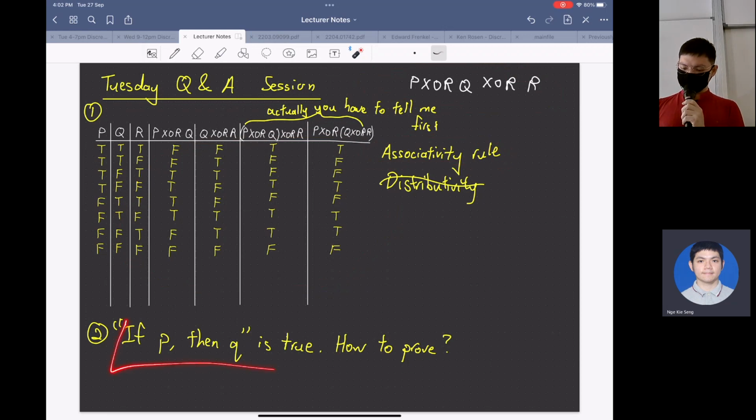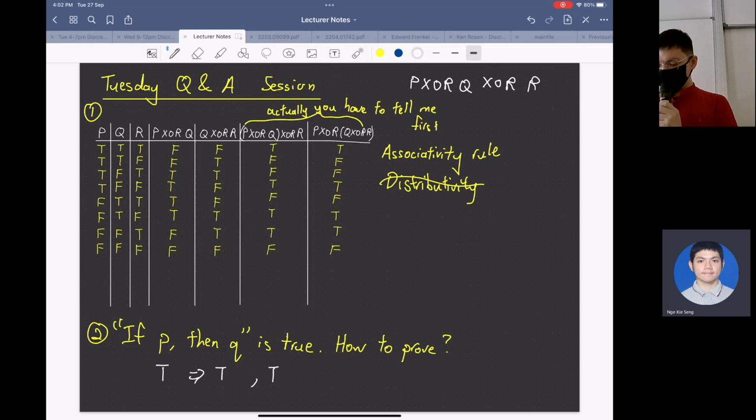Also, a student came to me after the first hour asking, if P is true and Q is true, why is it true? Or if P is false and Q is true, why is it true?